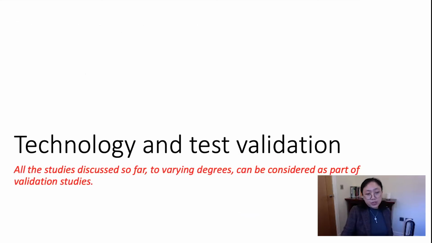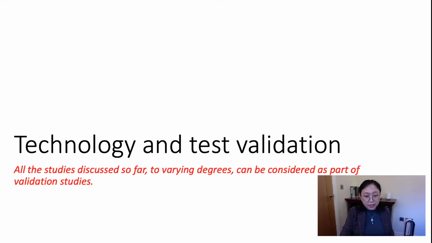And moving on to technology and test validation. Again, this is the final section. I think it's important to note that all the studies I've discussed so far, to varying degrees, can be considered as part of validation studies.